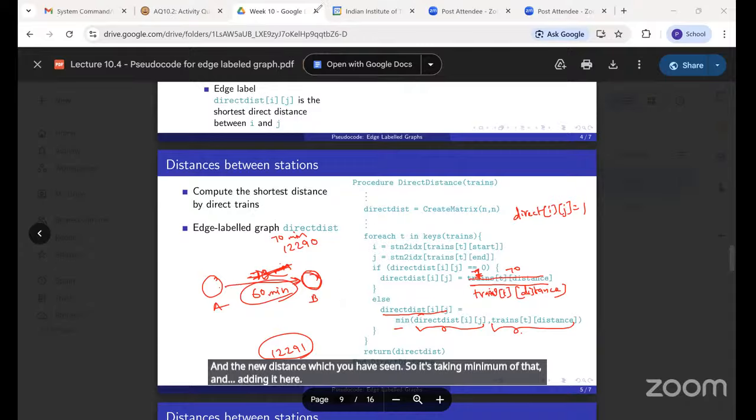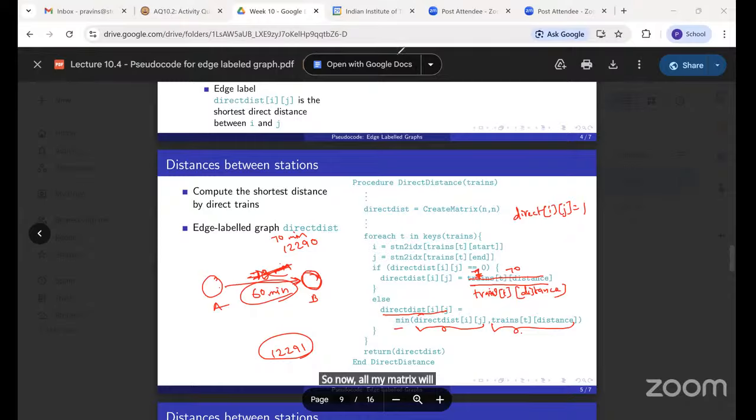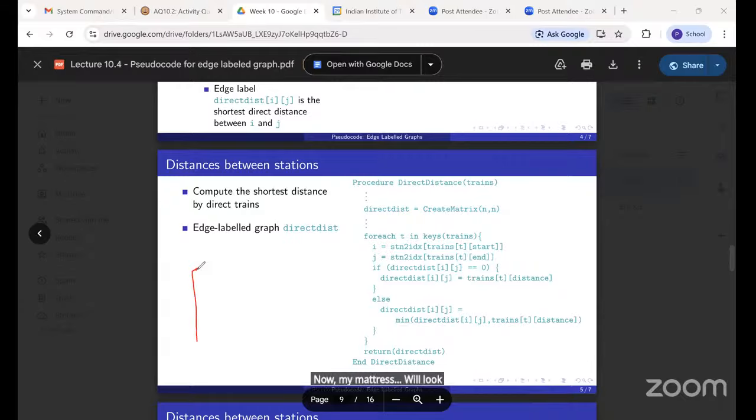So now how will my matrix look in this case? Earlier we saw a matrix with just zeros and ones, right? Now my matrix will look like this: for example, A, B, C, D as station names along the rows and A, B, C, D along the columns.